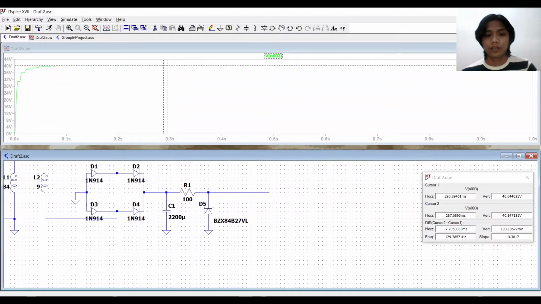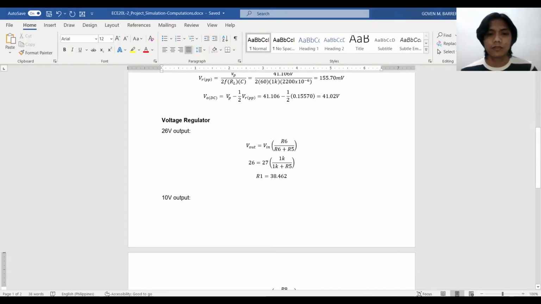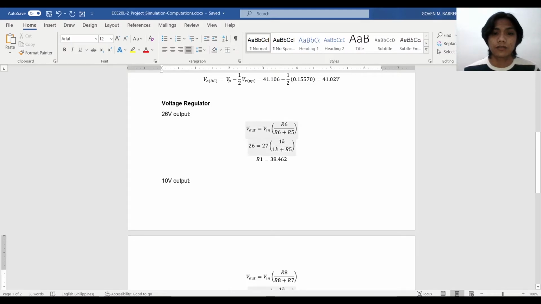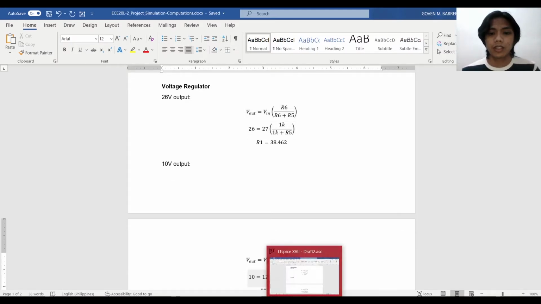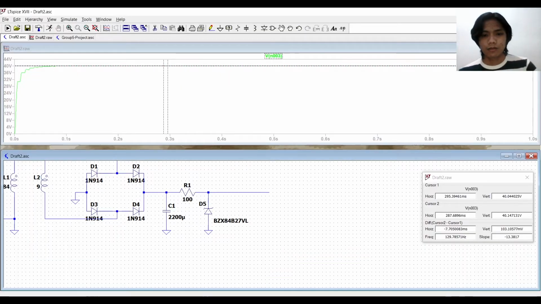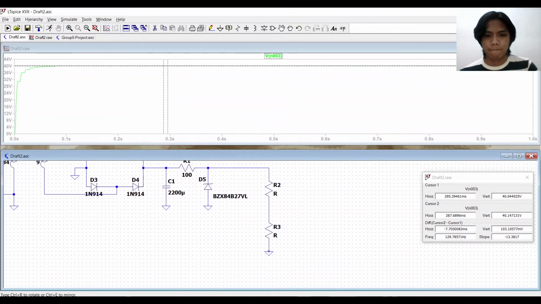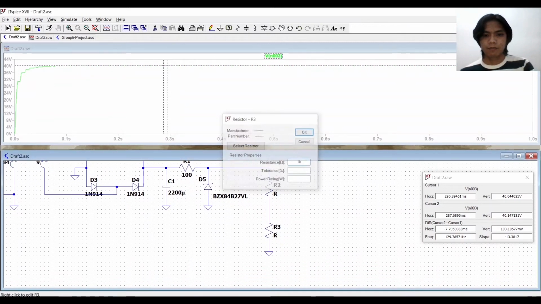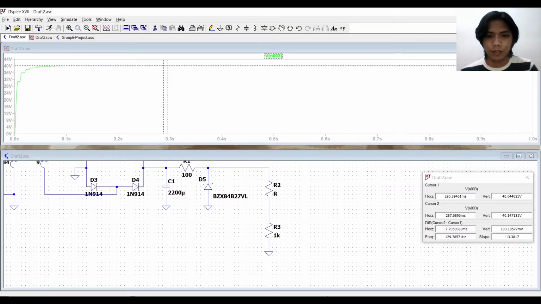The calculations for the voltage divider are as follows. These are already pre-computed and are included in our documentation. The value for the first resistor is 38.462.